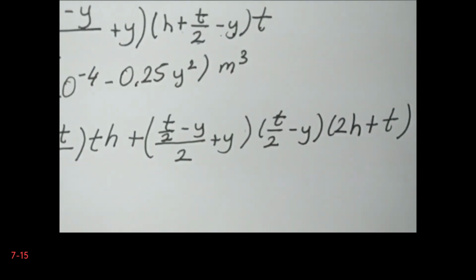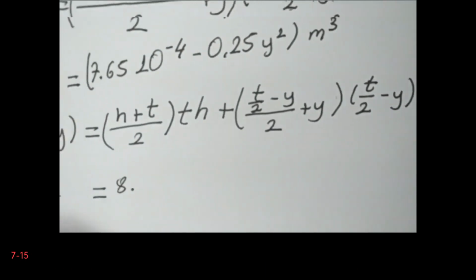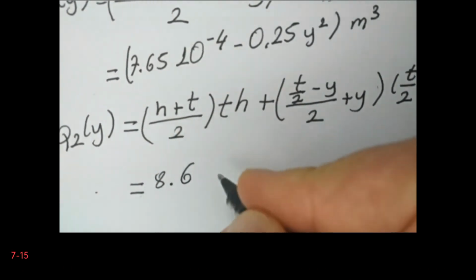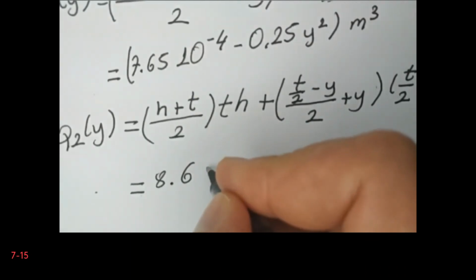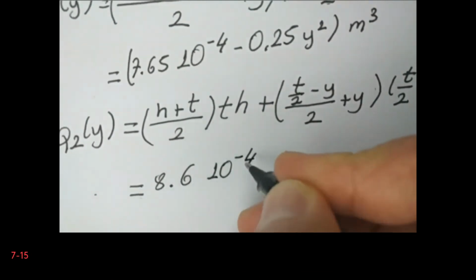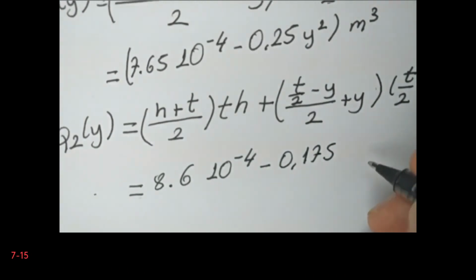And what you are going to get, if you put the values, is 8.6 10 to the power minus 4 minus 0.175 y square, and the unit is meter to the power cube.